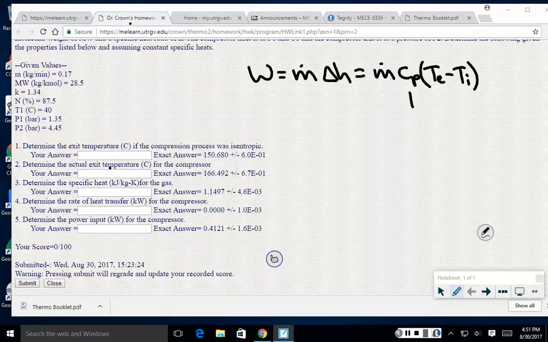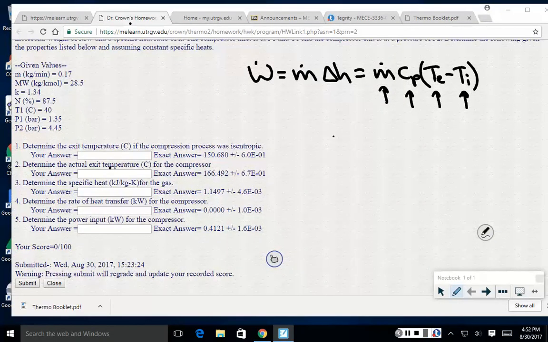We found the specific heat, we found the temperature, we were given m dot, and we're given the inlet temperature, and so we can solve for the work, the power, W dot. And we get 0.4121.